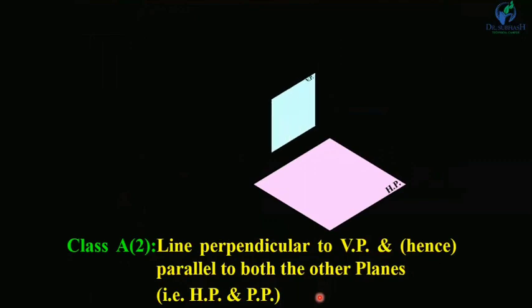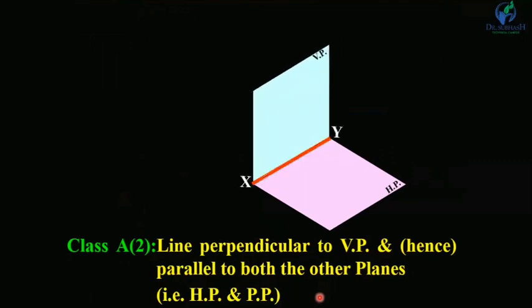Now the second position of the line: perpendicular to VP and hence parallel to both the other planes, that is, parallel to HP and the profile plane. Horizontal plane, vertical plane. Line AB is perpendicular to VP and parallel to HP and the profile plane.